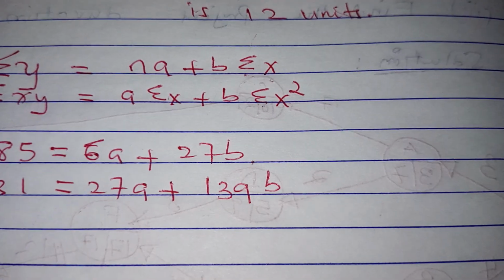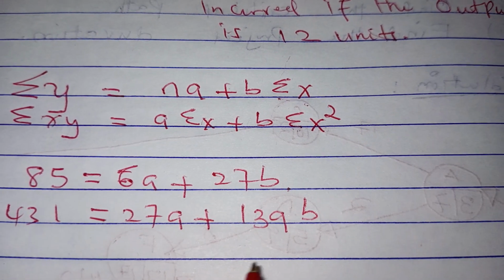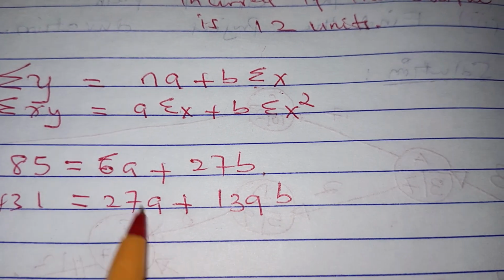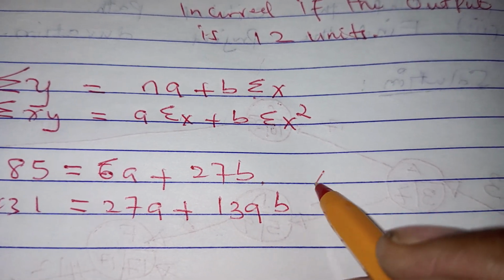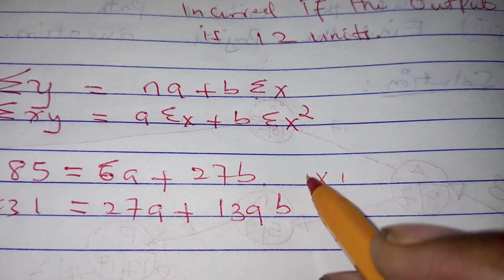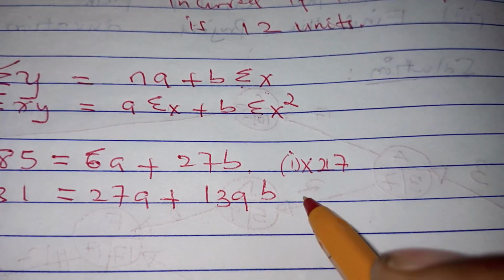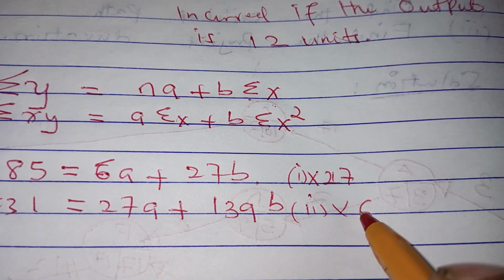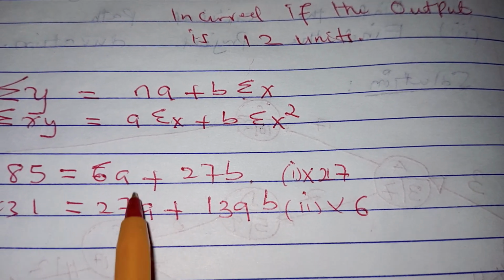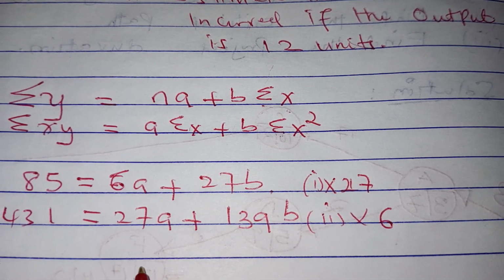We solve this by using the elimination method. The variable to eliminate is a, and therefore we shall multiply equation 1 by 27, and equation 2 by 6, so we can eliminate a in these two equations.